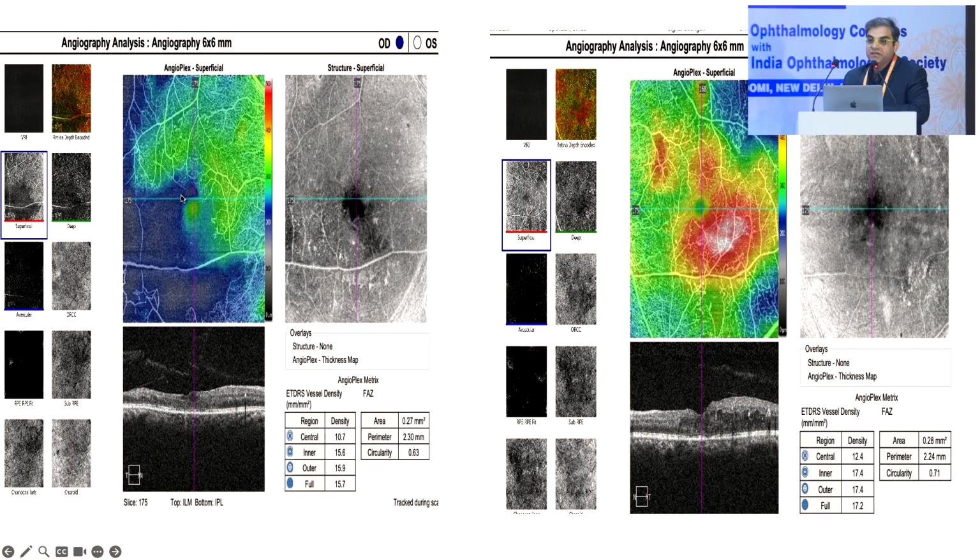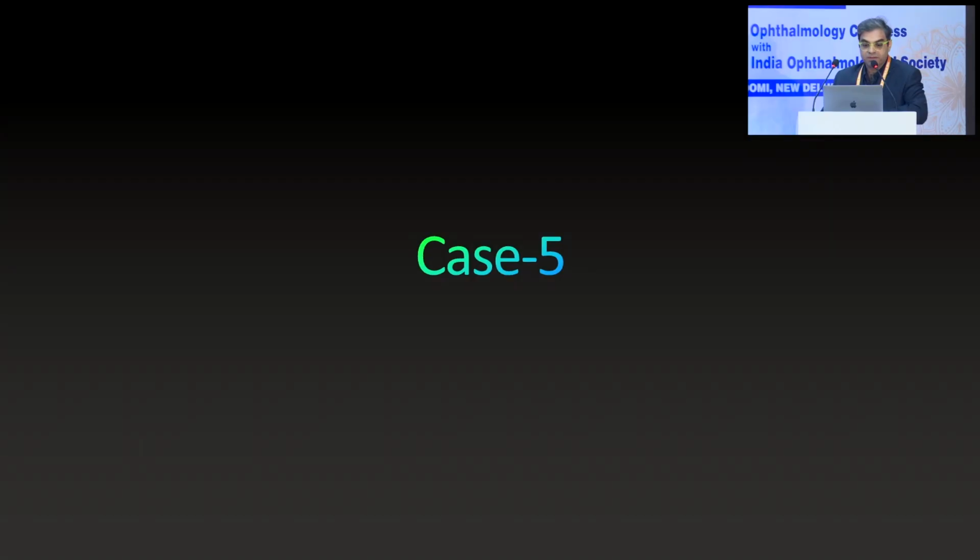This patient needs very aggressive pan-retinal photocoagulation even after the cataract surgery, which has to be monitored regularly. In spite of giving so many injections and PRP, such patients may still go into a neovascular glaucoma phase, so they have to be monitored with extreme care.